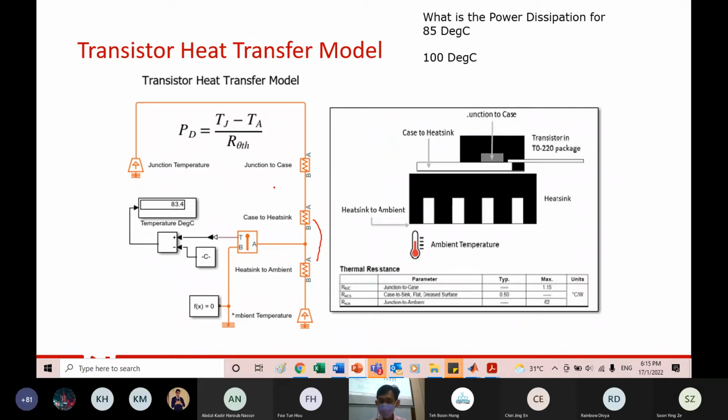When you run the Simulink, you can see that the temperature at the back of your transistor, the case to heat sink, will shoot up to 83.4 degrees. It will shoot up that high. Of course, you can change the heat sink. If you change the heat sink, it will reduce. How much is reduced?